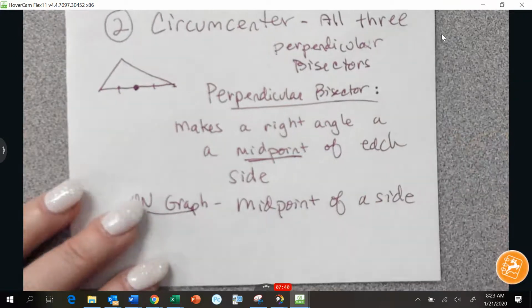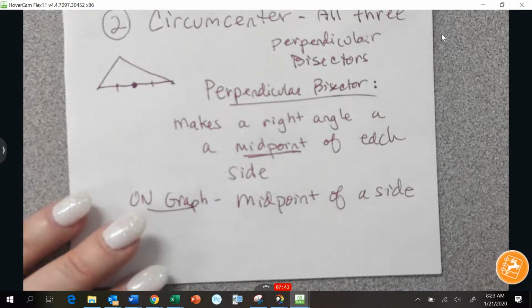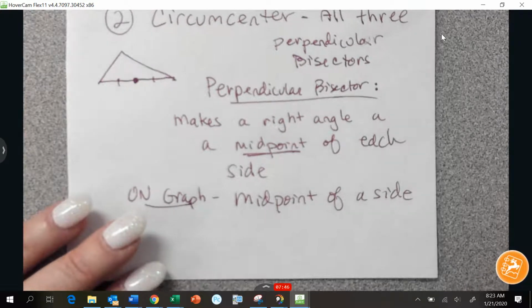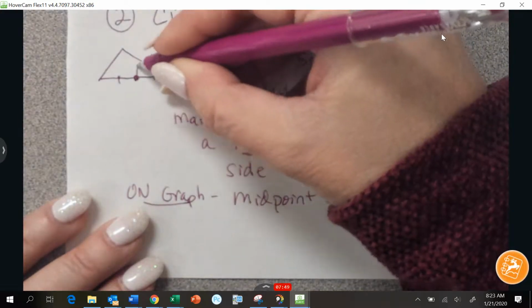How do we make a line that is perpendicular and passes through that midpoint? What other information do we need? We need it to go like this.